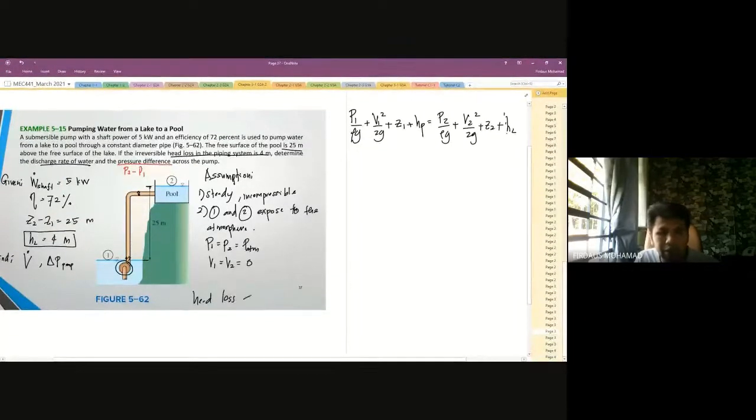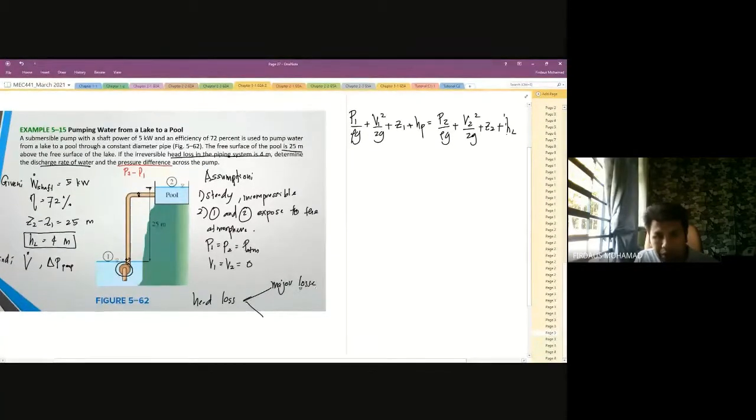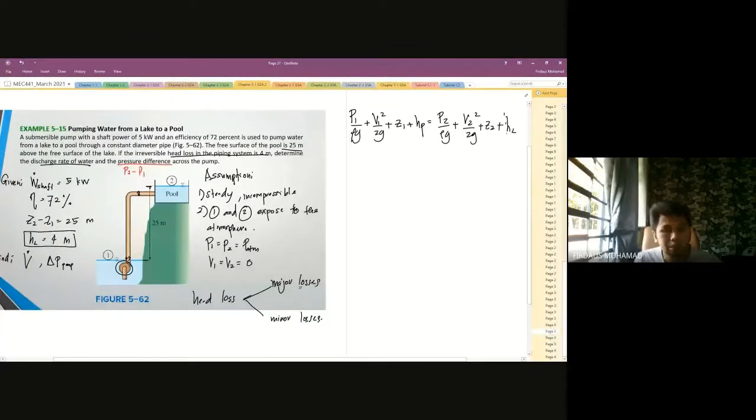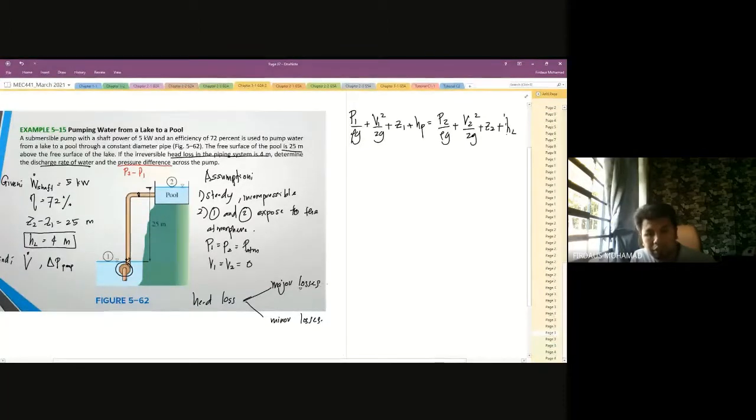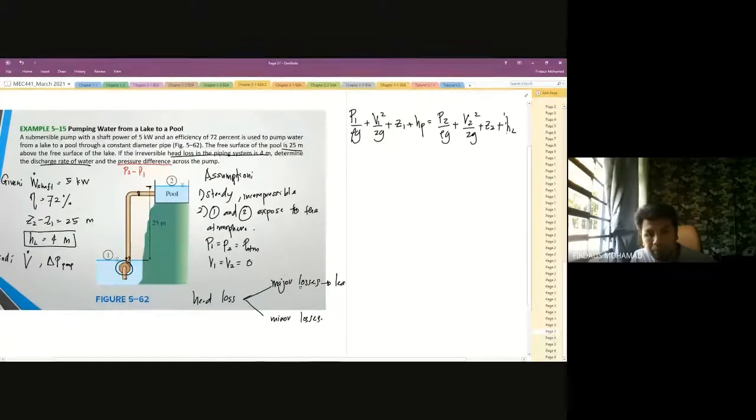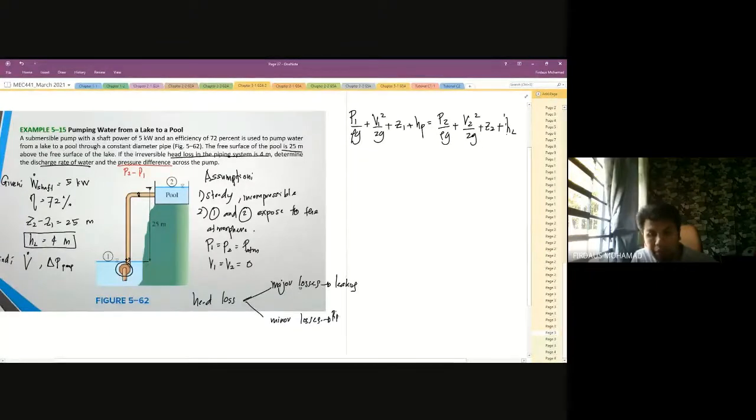Okay, so head loss ni dia ada dua. Major losses dengan minor losses. Okay, so kat mana ada head loss? Kat dalam pipe. Okay, dalam pipe ni, di constant diameter ni, dia ada losses. Losses ni banyak factor. Okay, there are few factor that produce the losses. Okay, so major losses this is due to the leaking, and then minor losses banyak. Minor losses due to the pipe fitting. Okay, pipe fitting ni apa?